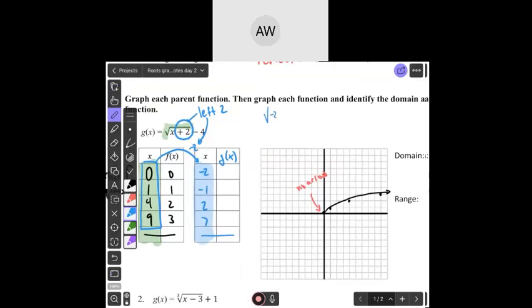It's the square root of -2 plus 2, minus 4. Well, that's the square root of 0 minus 4, which is 0 minus 4, which is -4. Then I plug in -1: the square root of -1 plus 2, minus 4, which is the square root of 1 minus 4, which is 1 minus 4, which is -3.